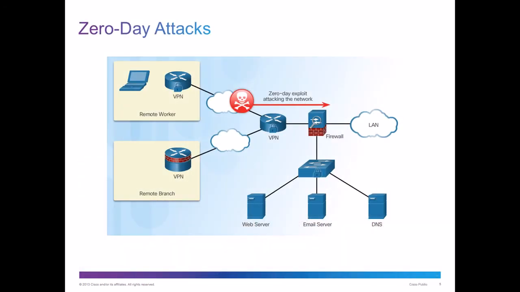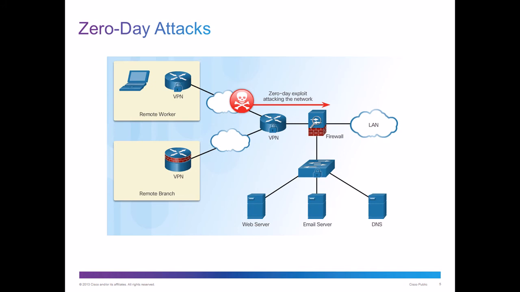The first thing we need to talk about is something called zero-day attacks. A zero-day attack is when a hacker creates an attack right now, today, this minute, where no one has a solution for it. Therefore, if that zero-day attack has been deployed, no firewalls, no one will be protected.